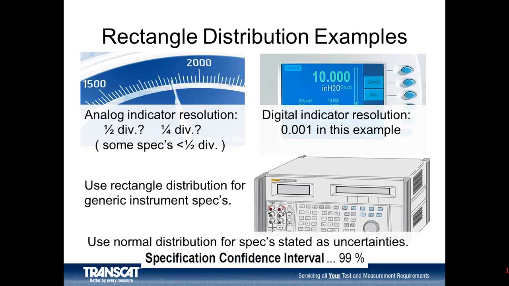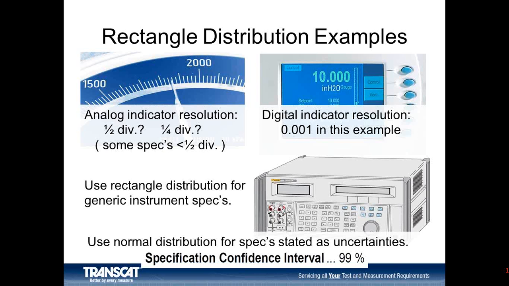The other application where rectangular distribution is commonly used is the specifications for an instrument. We looked at specifications for a pressure device earlier. Those specifications, in the fine print somewhere, state that they have a 95% level of confidence, or perhaps it says K = 2 or something to that effect.